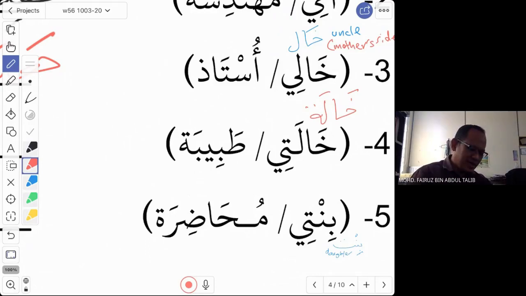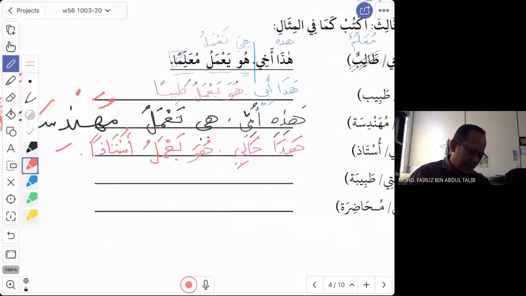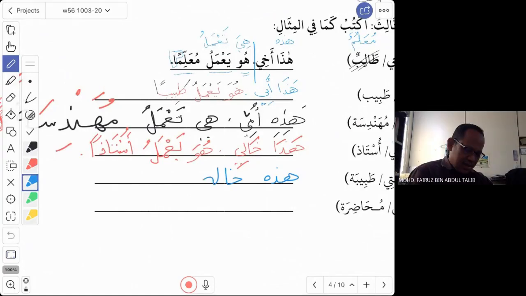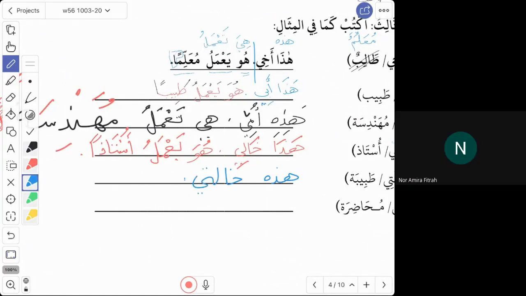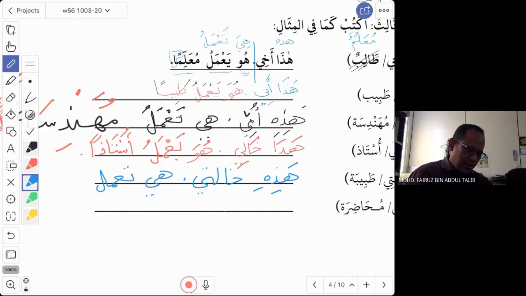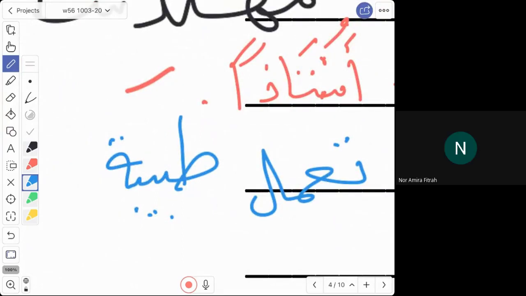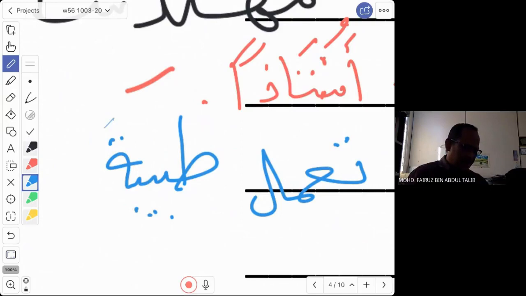So again, the sentence: hazihi khalati hiya ta'malu tabiba. Okay, good. But if you want to read the ta for the word tabiba, is it tabibatun or tabibatan for this particular structure? Tabibatan, yes, correct.